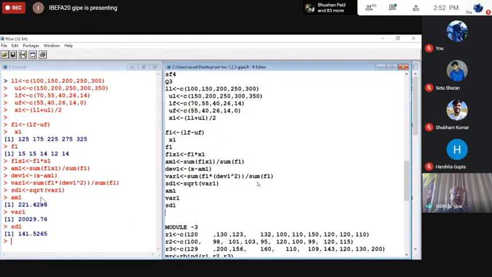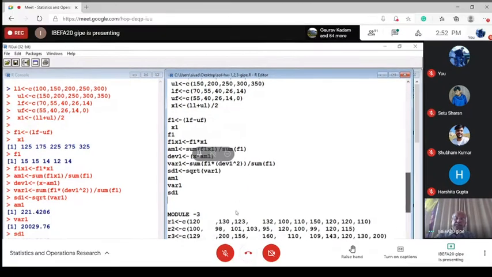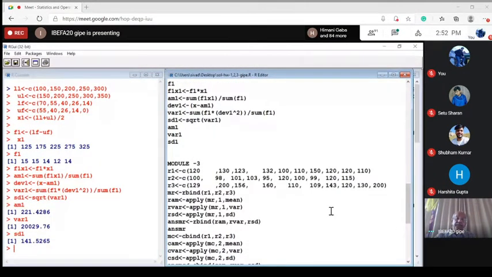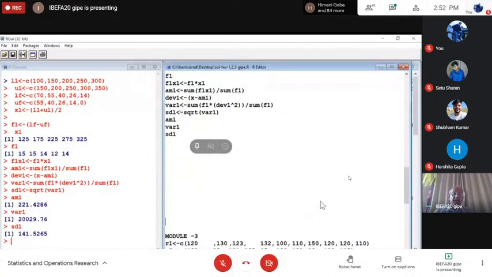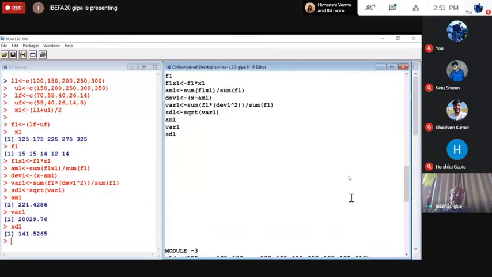Midpoints are 125, 175, 225, 275, 325. Frequencies are 15, 15, 14, 12, 14. And then, as usual, it is as usual.